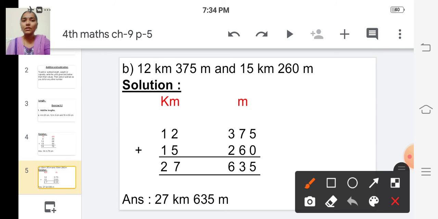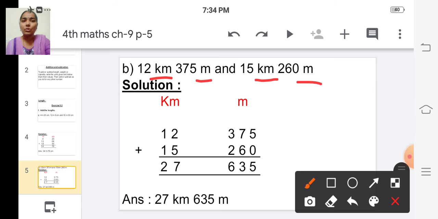The units given in this problem are kilometer and meter. First you have to write the units, kilometer separately and meter separately, and then write their values below.